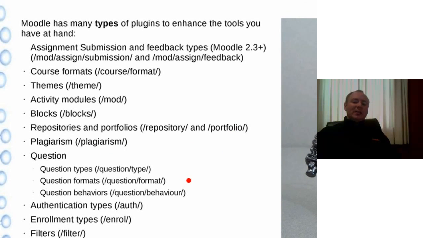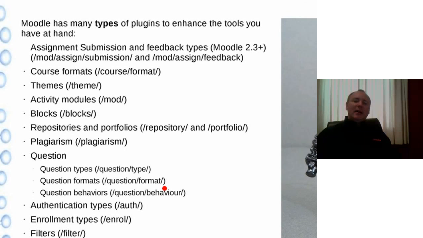Looking at question and question types. So question types are, anytime you want to change the way that you present information to a student, say on a quiz, and get them to respond to that. The common question types are things like true and false, multiple choice.